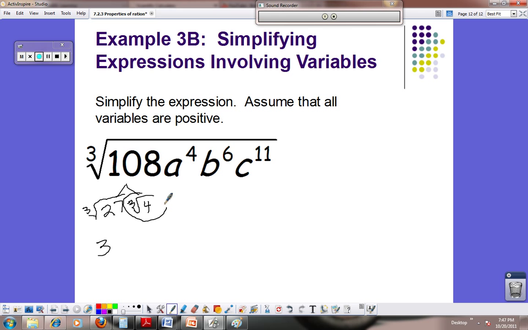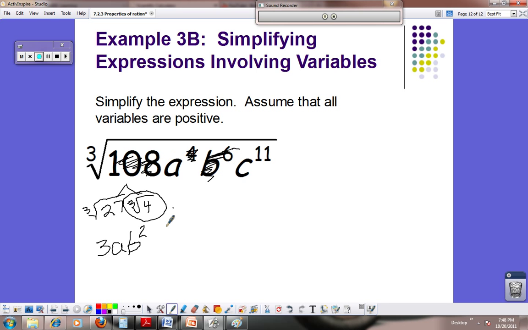The cube root of 4 is not perfect, so it's going to stay under the radical sign. So we've used this up. 4 divided by 3 is 1, so I pull out that 1a, and I have a remainder of 1. 3 will go into 6 twice, so I end up pulling out 2 factors, and then I have none left, no remainder.